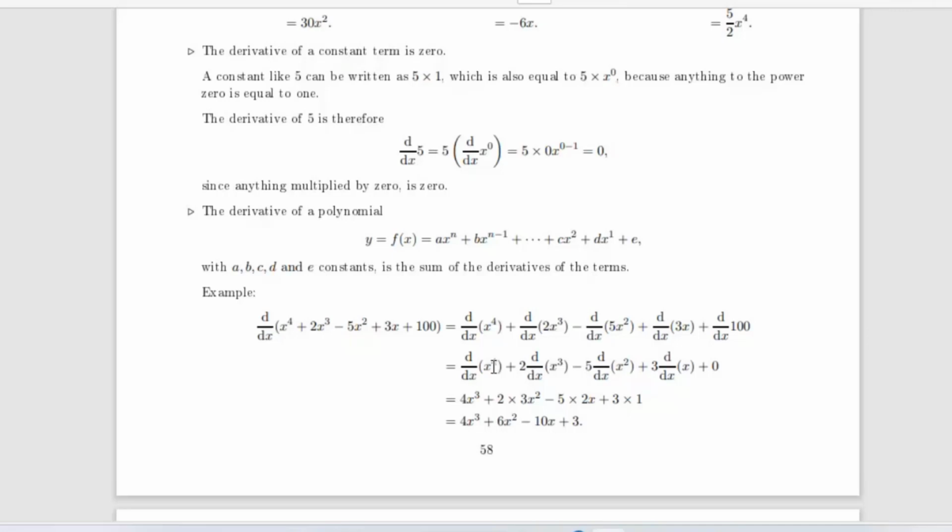Hang on, please, let's hear each other out clearly. What is the derivative of x to the power 3? 2x to the power 2. No, you are not hearing me out. I just gave you y equals x to the power 3.